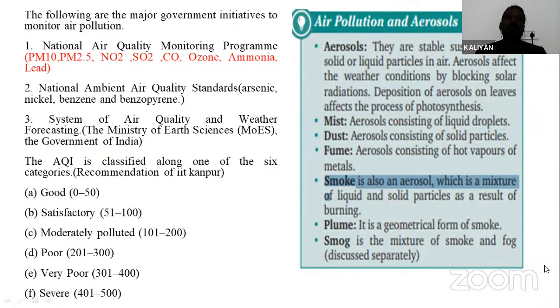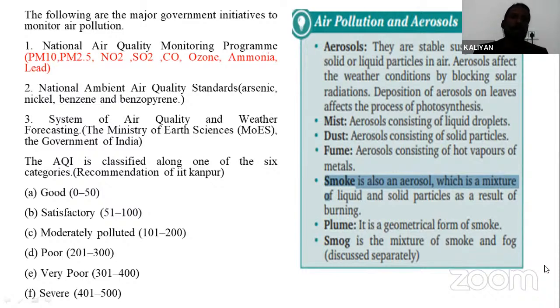National Air Quality Monitoring Program means they are measuring air pollutants like PM10, particulate matter of 10 micron size, PM2.5, particulate matter of 2.5 micron, NO2, nitrogen oxide, sulfur oxide, carbon monoxide, ozone, and ammonia. These eight pollutants they are measuring.